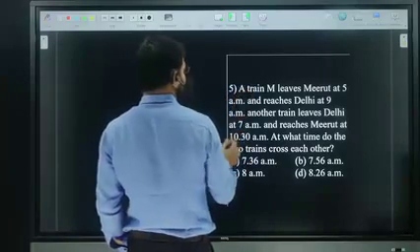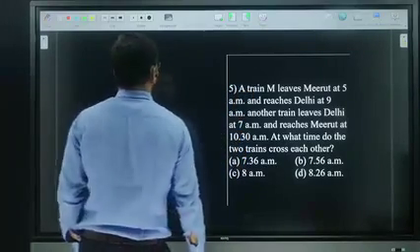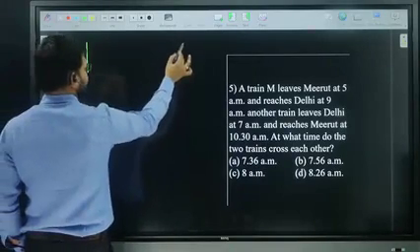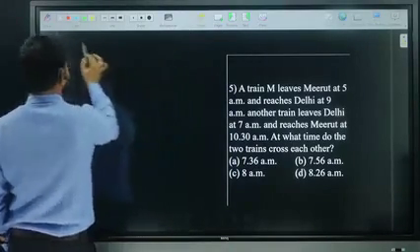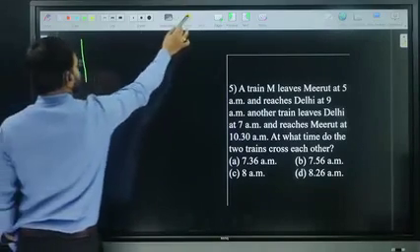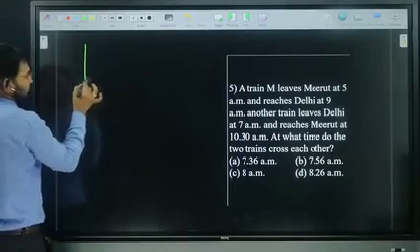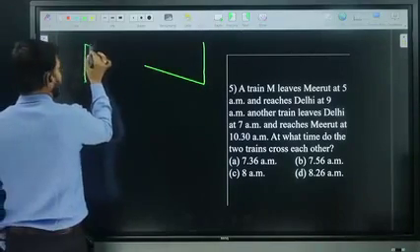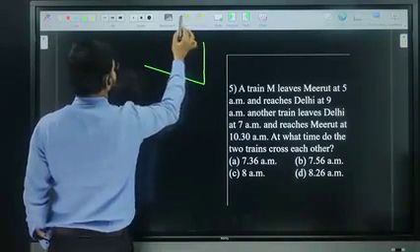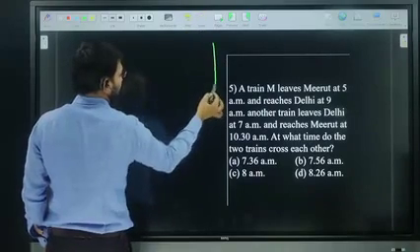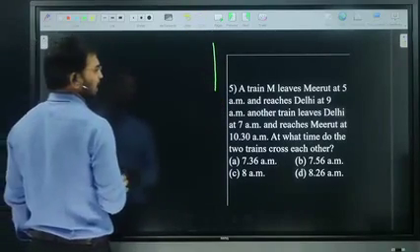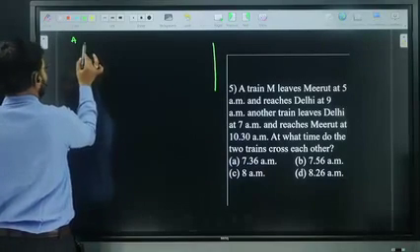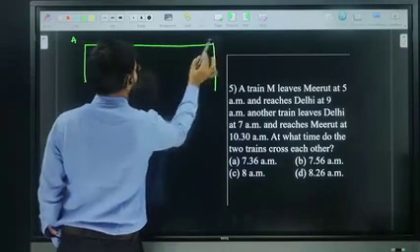Look at me, all of you. A train M leaves Meerut at 5 a.m. The first train leaves Meerut and travels towards Delhi.